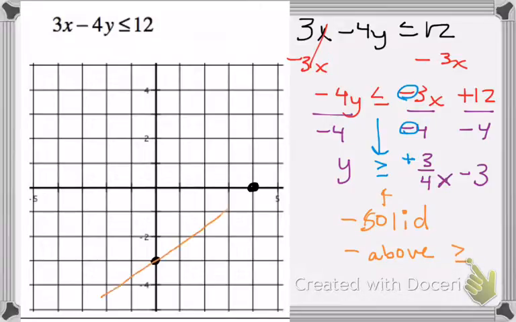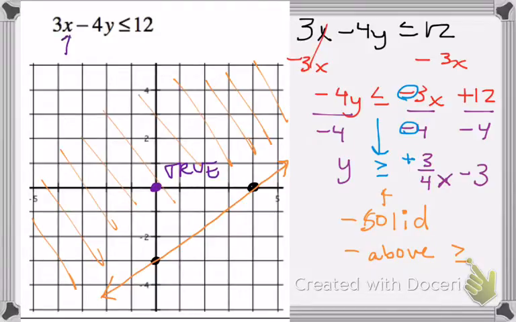So I'm going to connect this using a solid line, and I'm going to shade above. So if you notice right here, the 0, 0 should be true. If I plug in a 0 here, and I plug in a 0 here, the whole thing becomes 0 is less than or equal to 12, which is true.